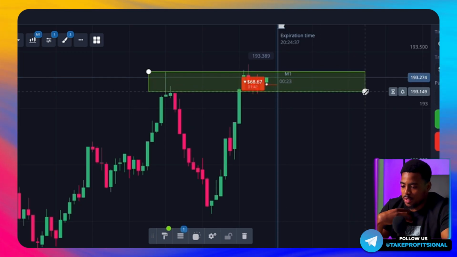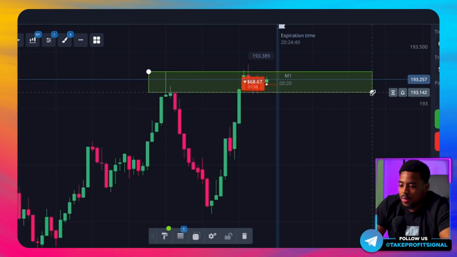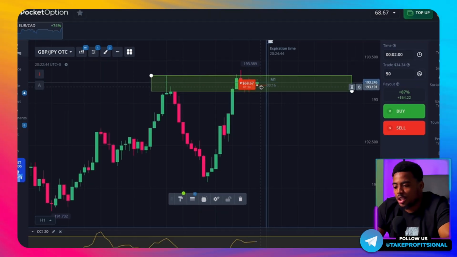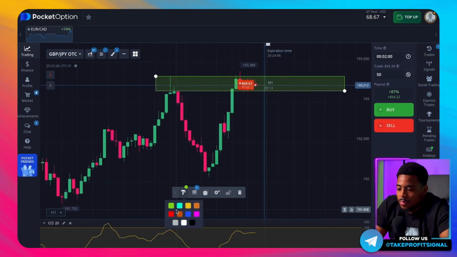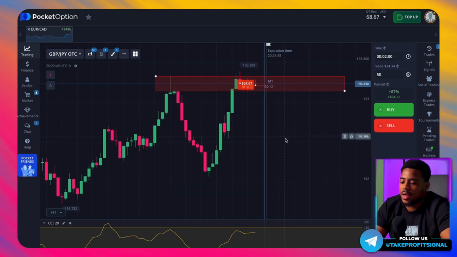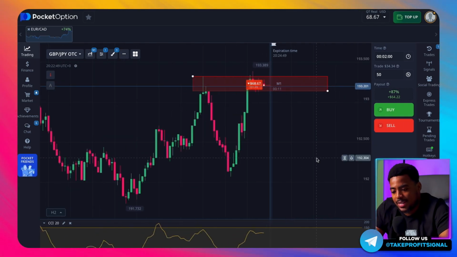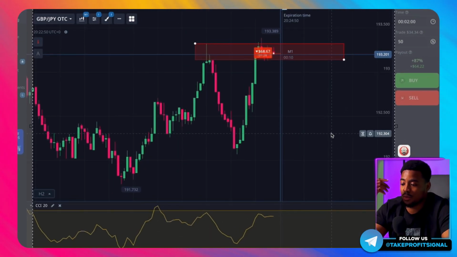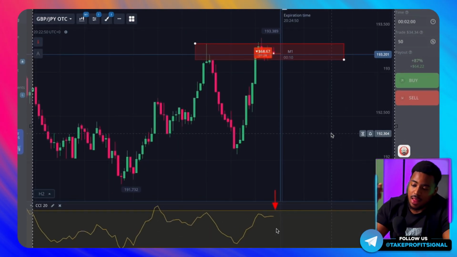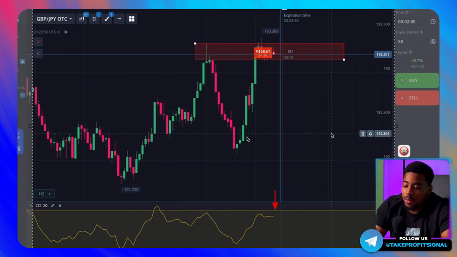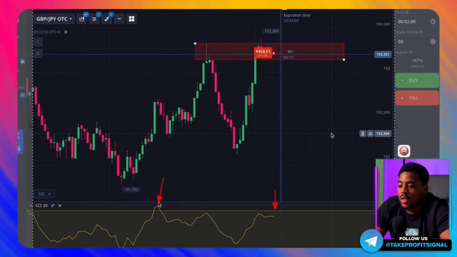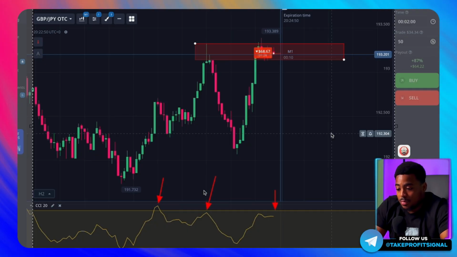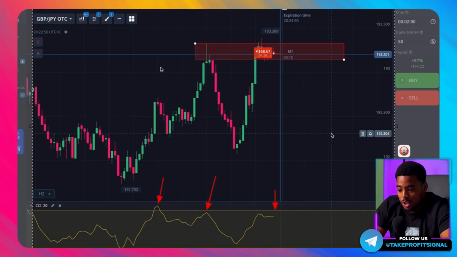I am stretching this horizontal area further, and we get here the resistance area, which we can mark in red color. At the same time, I pay attention to our SSI indicator, and look, it is very close to the 150 zone. Last time when we were at the 150 zone, and even this time when we were at the 150 zone, look what happened with the chart.